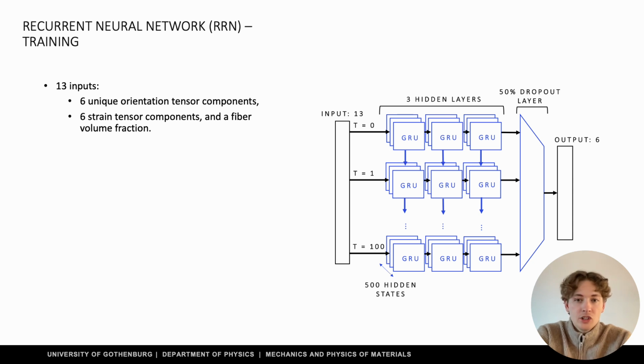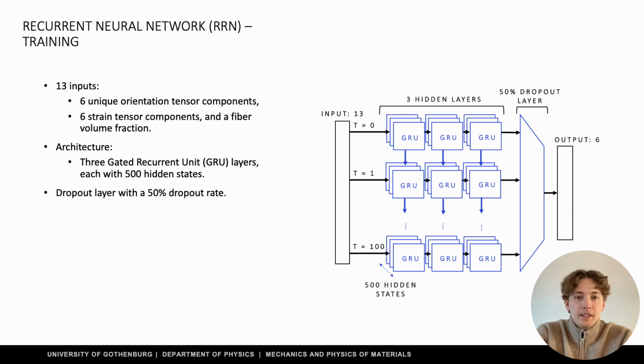The architecture has 3 hidden GRU layers, each consisting of 500 hidden states, followed by a dropout layer with 50% dropout. The output layer has 6 neurons, each corresponding to a unique component of the stress tensor.